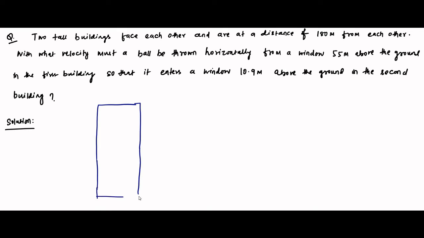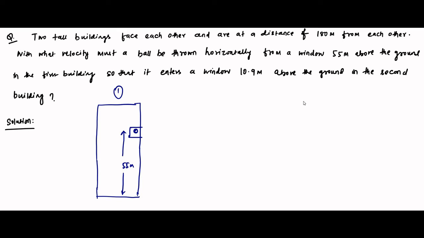This is the ground. We have, let's say, a window here. A ball is thrown from here. It is mentioned that this window is 55 meters above the ground in the first building.